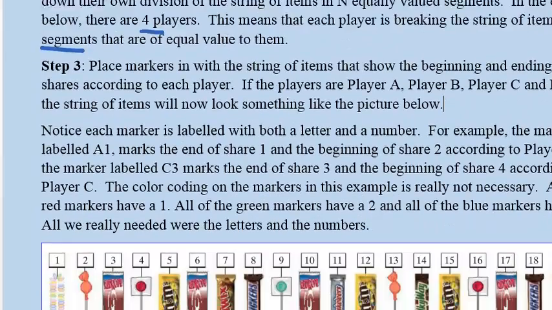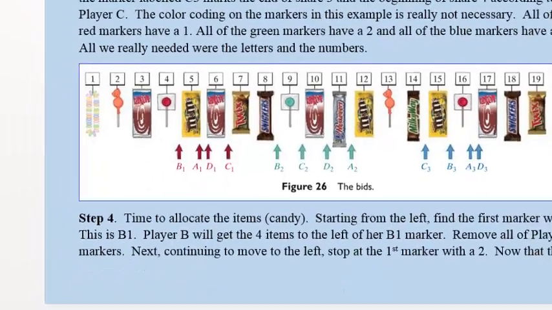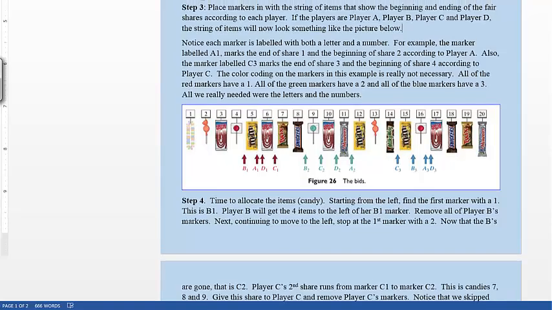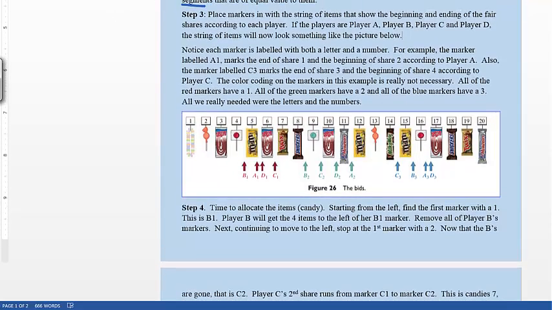Step 3. Place markers in with the string of items that show the beginning and ending of the fair shares according to each player. If the players are player A, player B, player C, and player D, the string of items will now look something like the picture below.